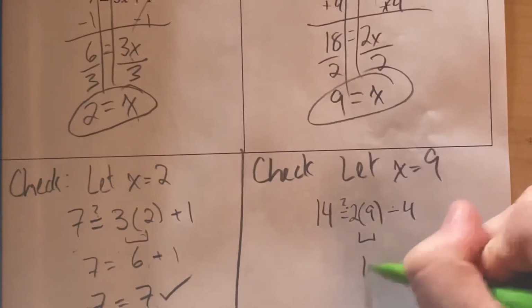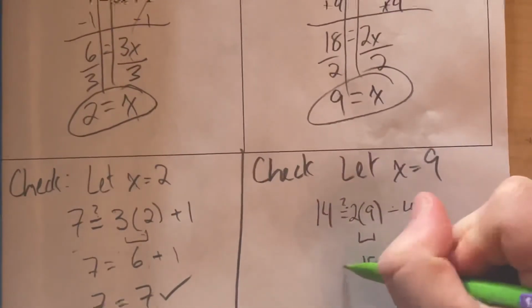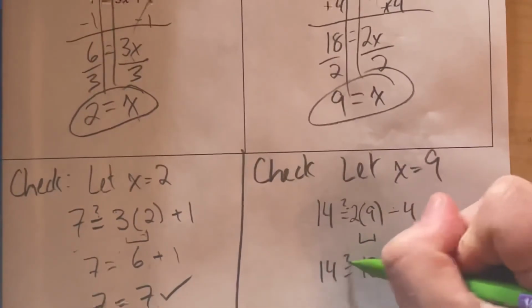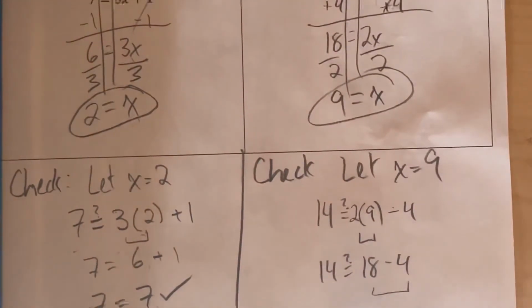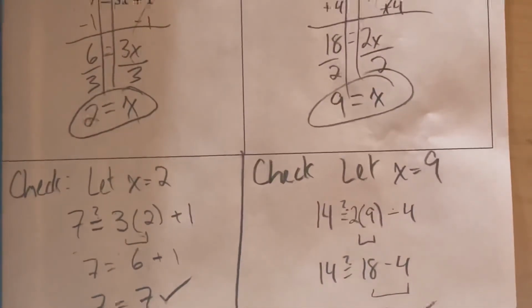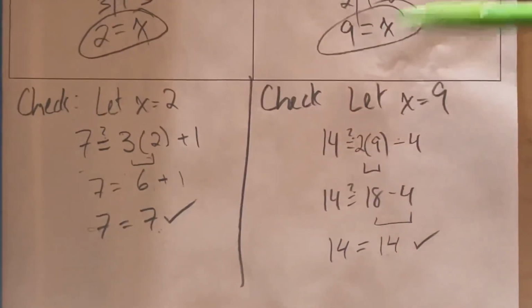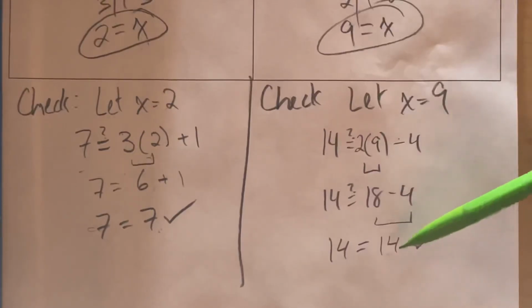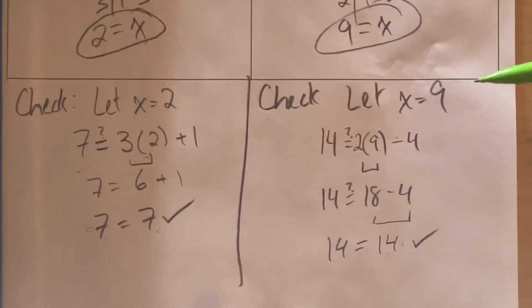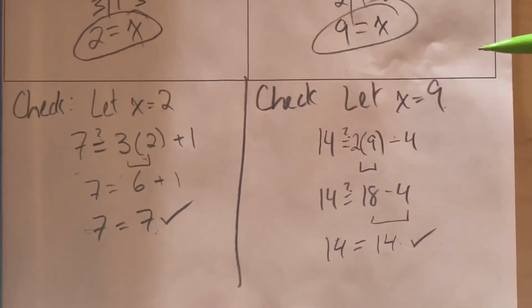So I have 2 times 9, which is 18. Bring down the rest of the equation. And then I'm saying, all right, 18 minus 4 is 14, which is equal to 14. So I know this is a balanced equation. So again, that just means that since my 2 sides of the equation are the same, that means that my answer is still 9.